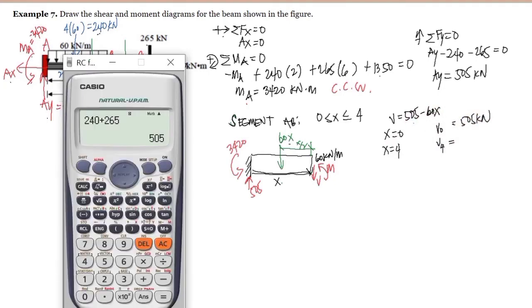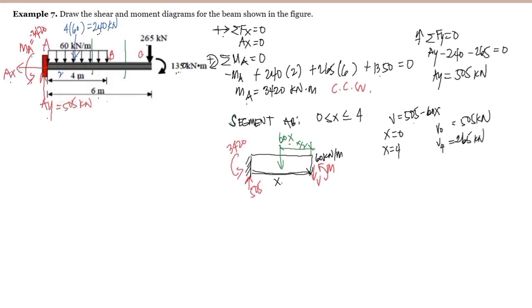And if x is 4, so we have here 505 minus 60 times 4, and we have here 265. So this is 265 kilonewton.